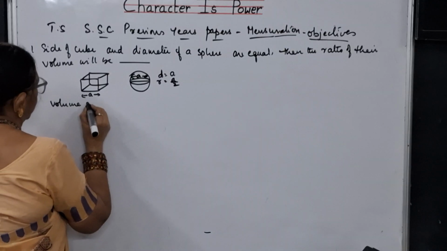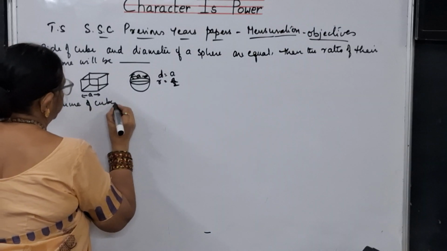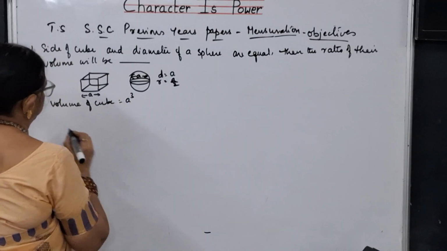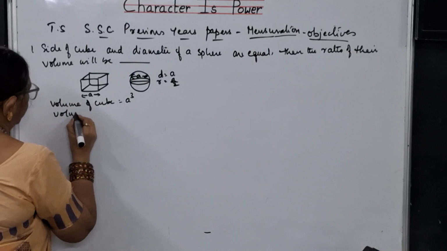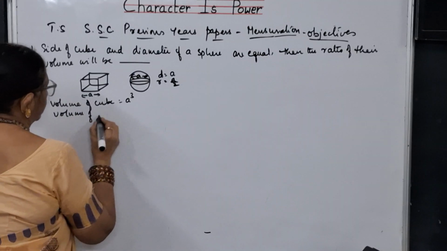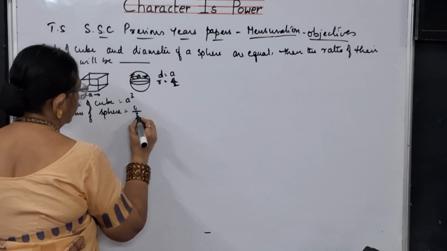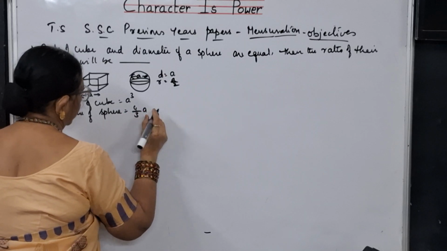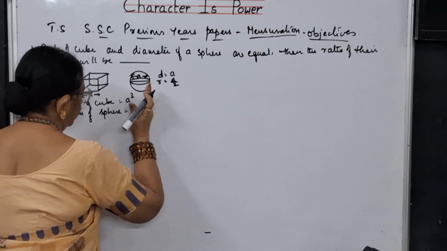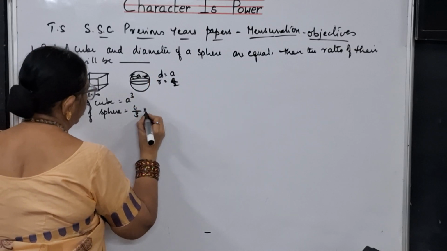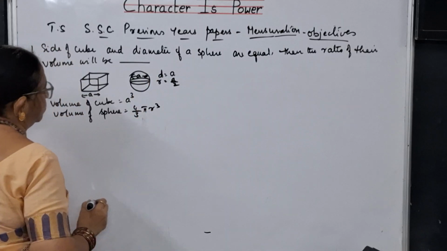Volume of cube is equal to a cube. Volume of sphere is equal to 4 by 3 pi r cube.